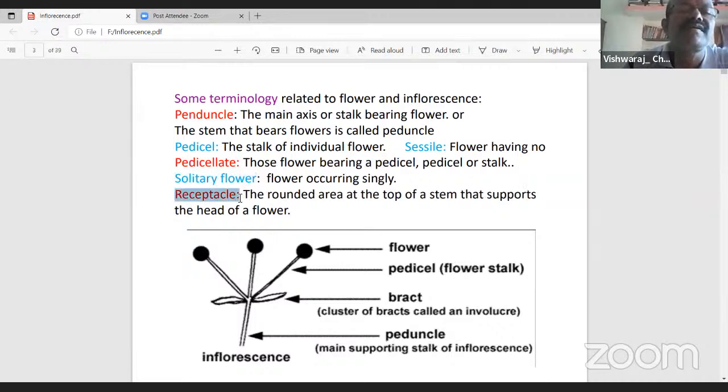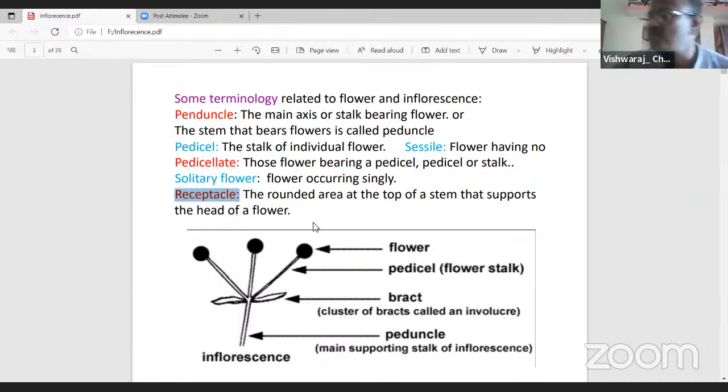Then receptacle: the rounded area at the top of the stem that supports the head of flowers. We have seen the sunflower, a rounded area. On this rounded area, a number of flowers develop, and a number of seeds are produced.